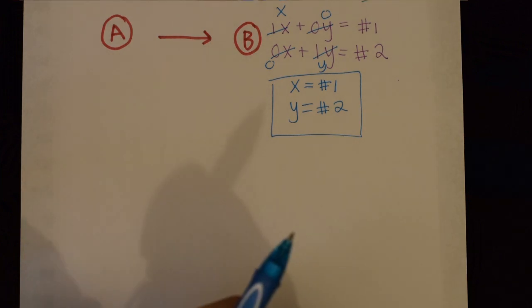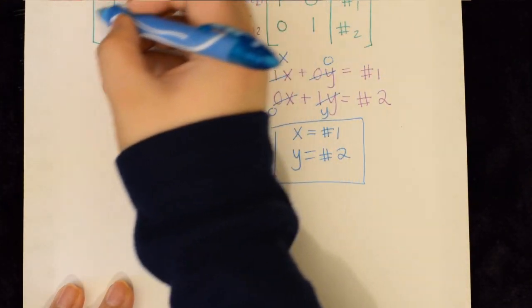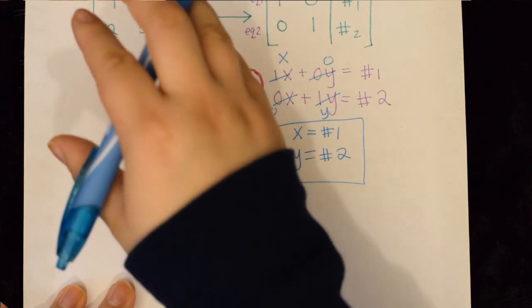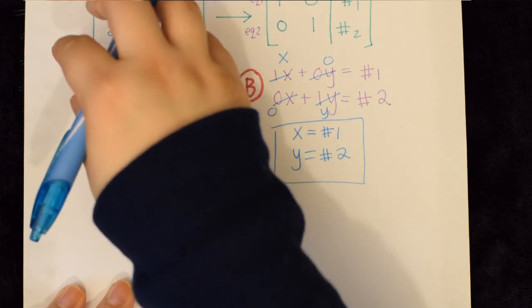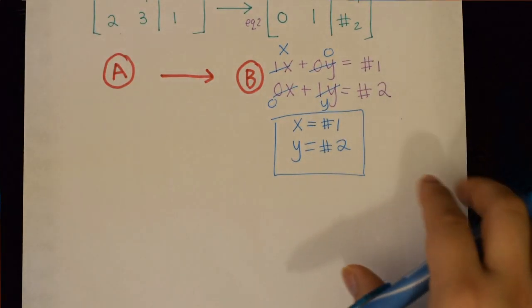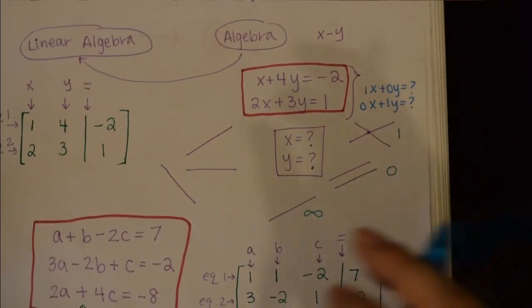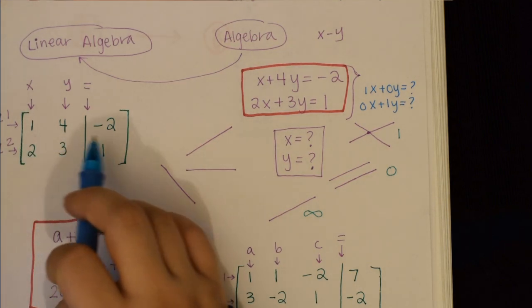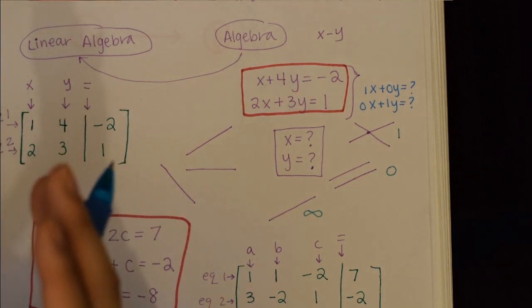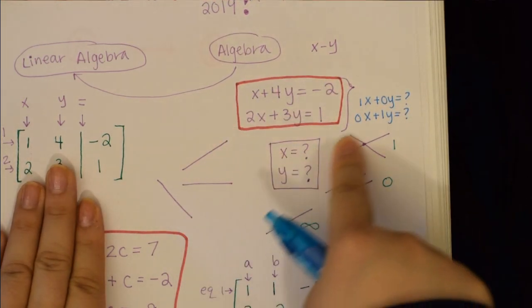So the key thing for today is to remember that everything that we do to this matrix, we are still just using it as shorthand to represent an actual system of linear equations. So we can't just arbitrarily do things to this, because in our minds we can remember this is a representation of this.